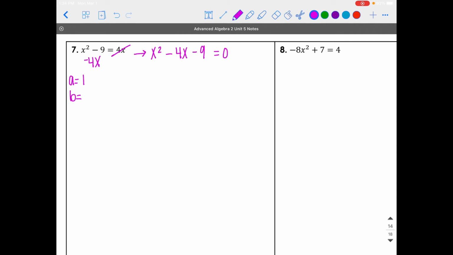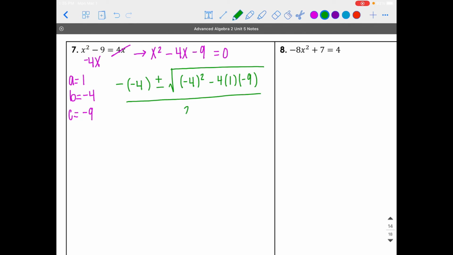Our a is 1, b is negative 4, c is negative 9. So then plugging into my formula, negative, my b is negative 4, plus or minus the square root of b squared minus 4ac. So plugging in all of those numbers, all of that is over 2a.